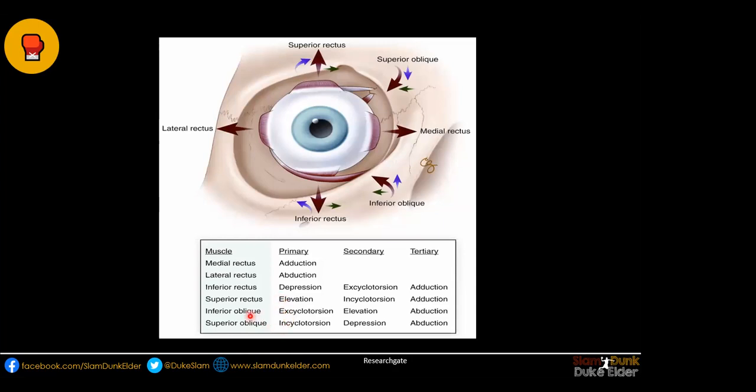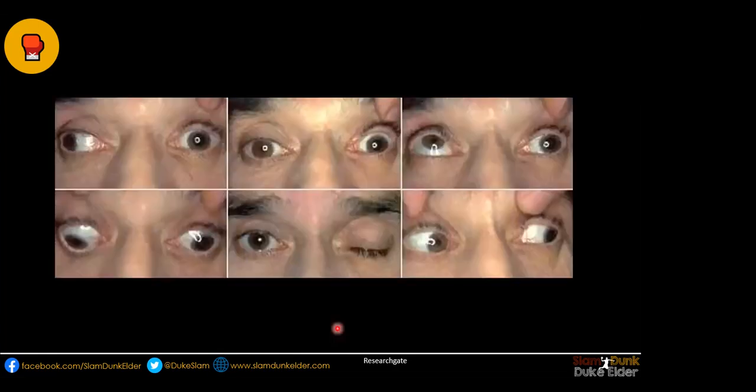So there's no opposing action from inferior oblique, so the superior oblique actions will predominate, and it will act to turn the eye downwards. And this is just another example that you can work through of a third nerve palsy, showing the different weaknesses.